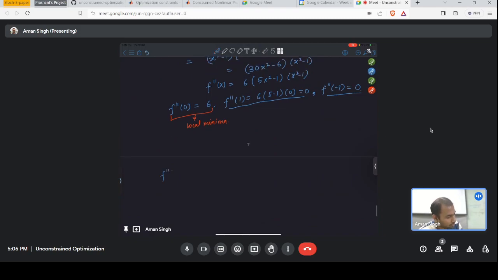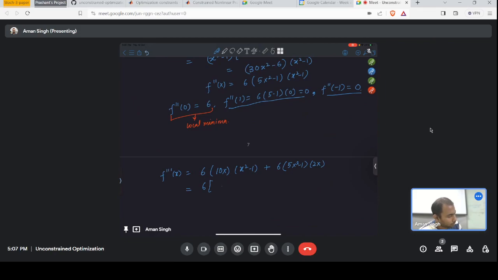So f triple dash x, what does that come out to be? 6 times 10x(x square minus 1) plus 6 times (5x square minus 1) times 2x.